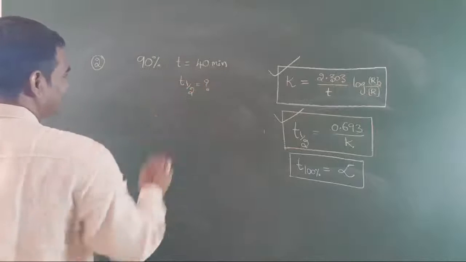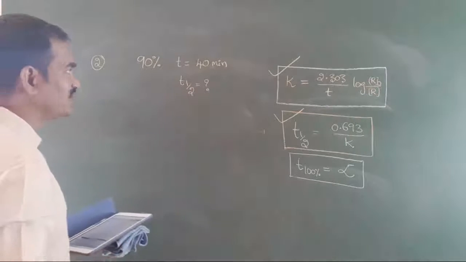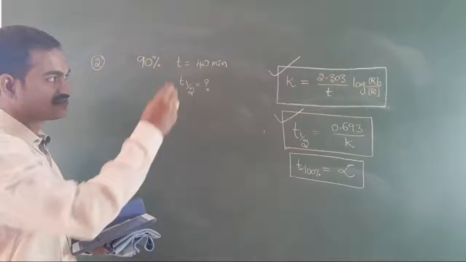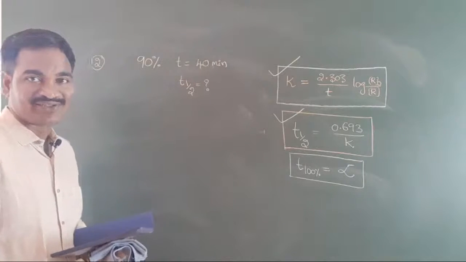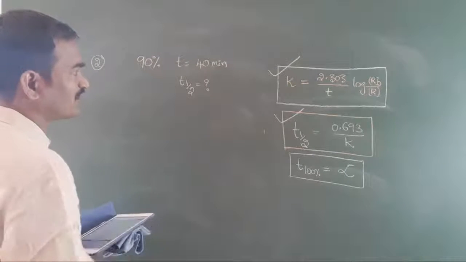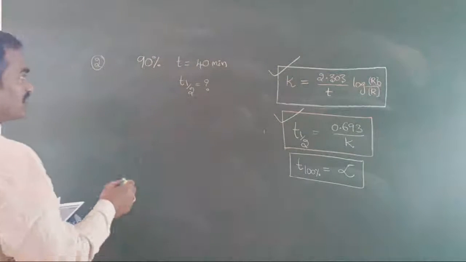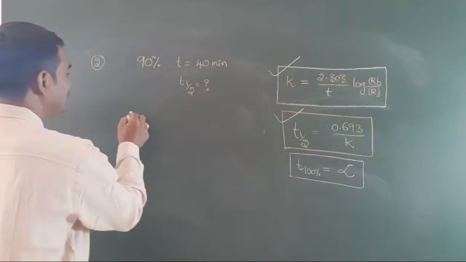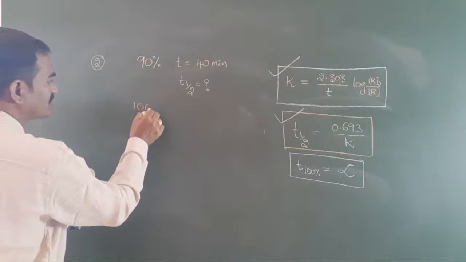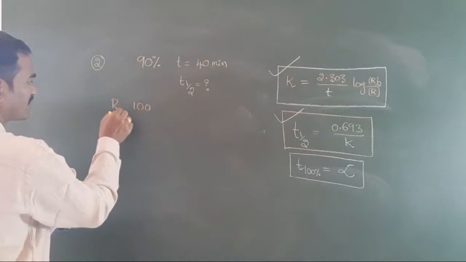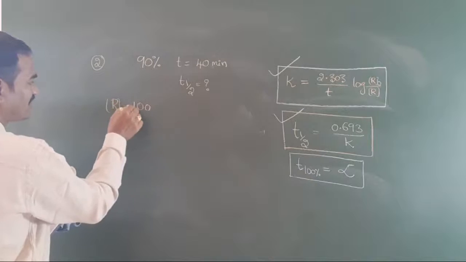So in this case we need to use 2 formulas. First, the given data. Initial concentration, you take 100.